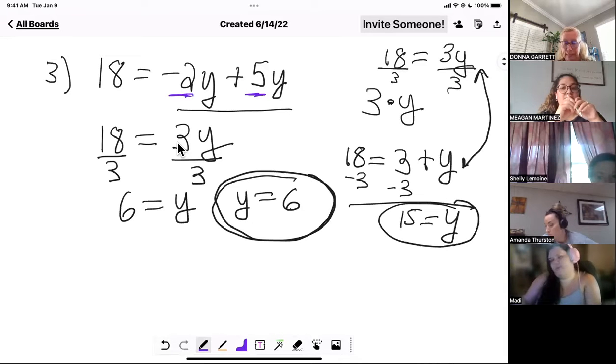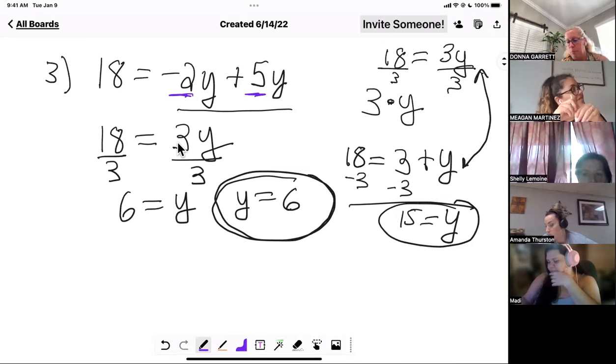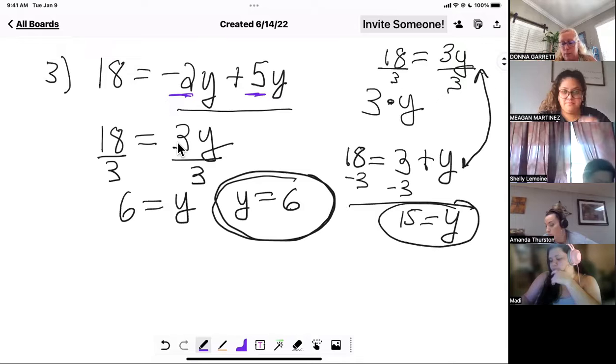Okay, never mind. Sorry. I got confused too. Yeah, that's why I gave it, because sometimes the easier problems are more complicated because now I didn't separate them. I put them on the same side. So you had to combine like terms. Okay, anything else? Ask.